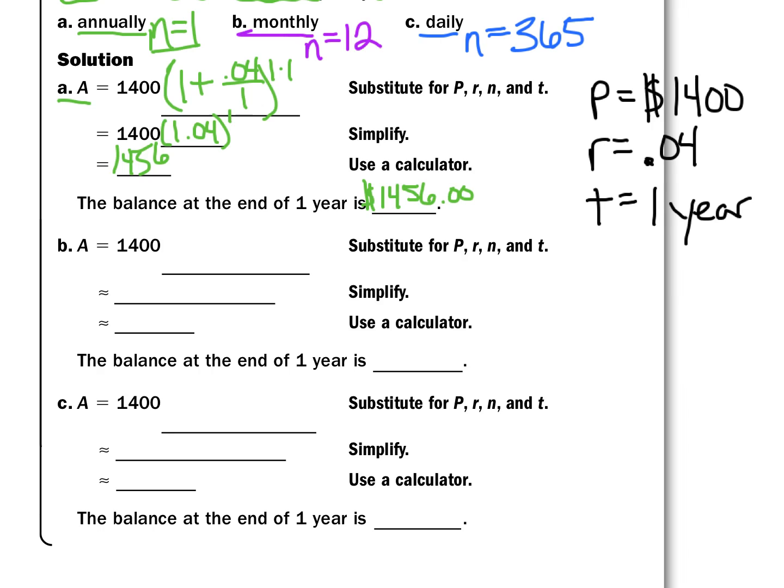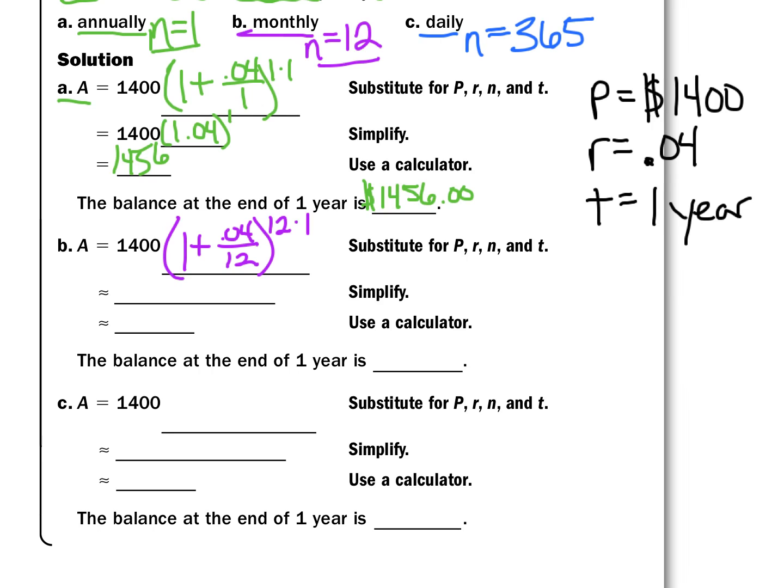B, we're going to do the exact same thing, only we're going to use N equals 12, okay, because now we're talking about monthly. So that would be 1 plus 0.04 over 12, my new N, times 12 times 1.